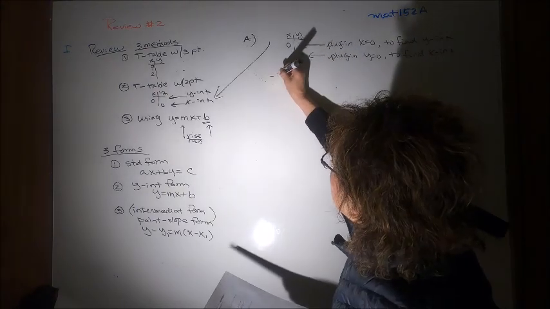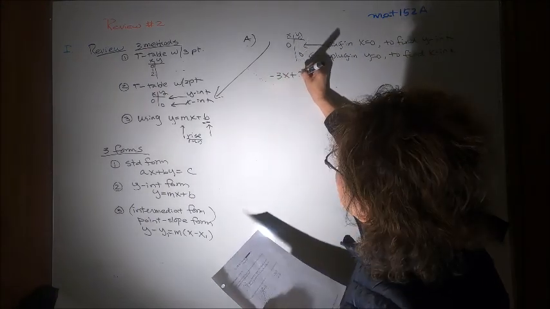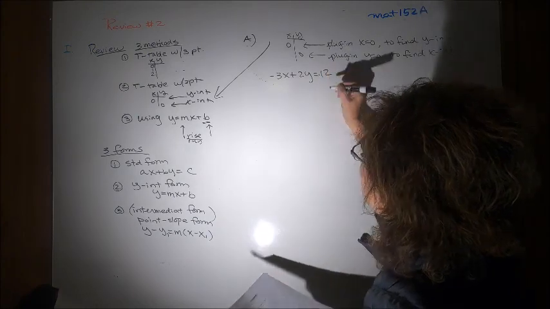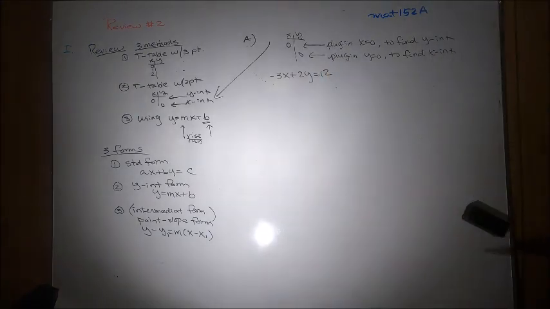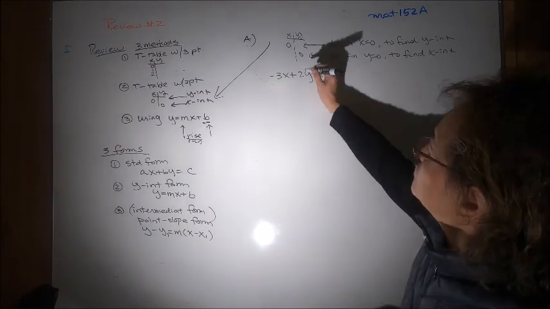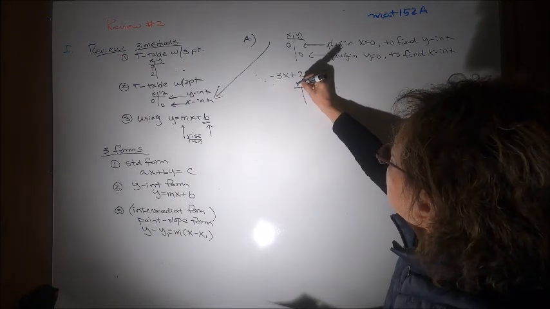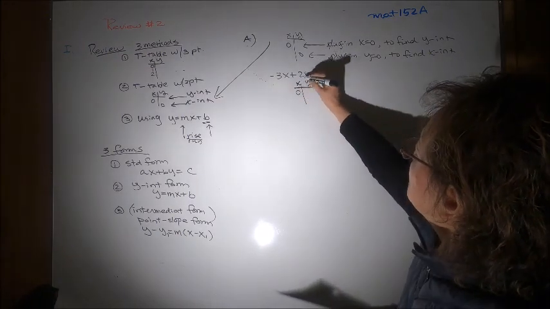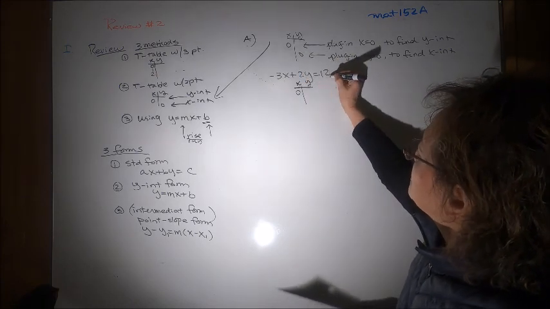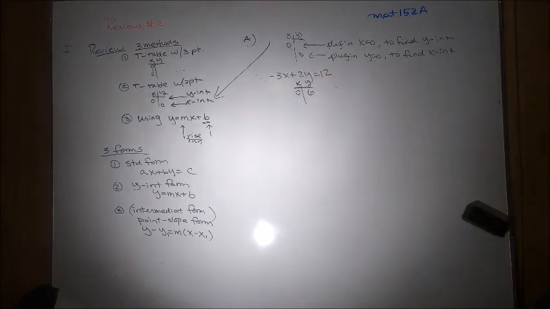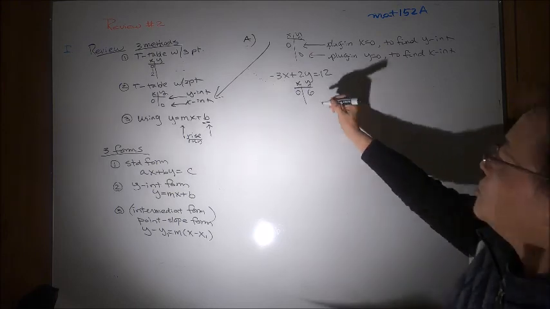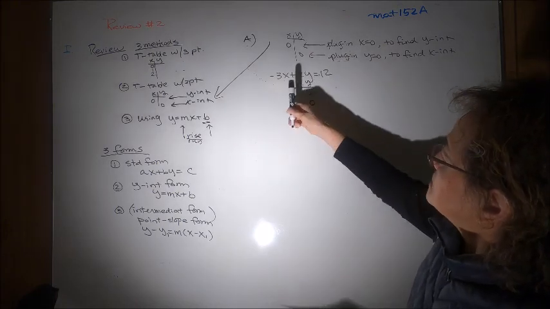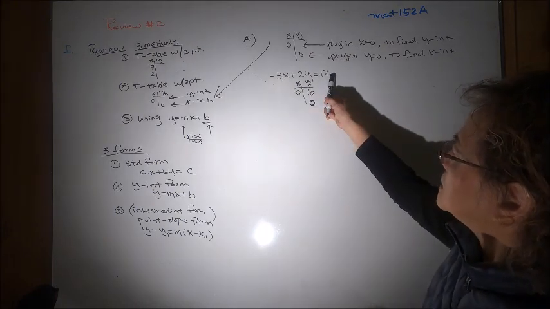Then if on your exam we have this question, use the x y intercepts to sketch a line. What do you need to do? Use that method, right? So you do x is 0, plug in, and 2y equals 12, so y is 6, right? When y is 0, negative 3x equals 12.